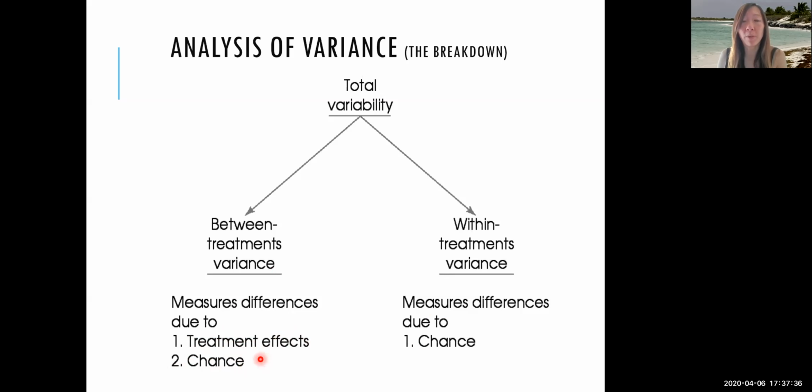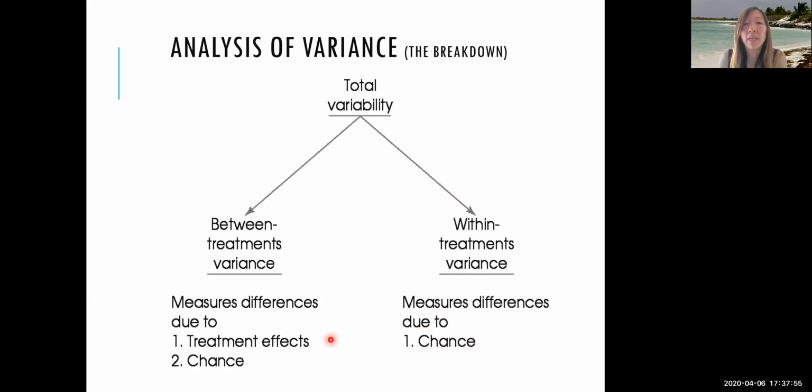That is what we call chance. The other part of ANOVA is the within treatments variance, which is exactly what I talked about before. We're going to measure the differences due to chance again.